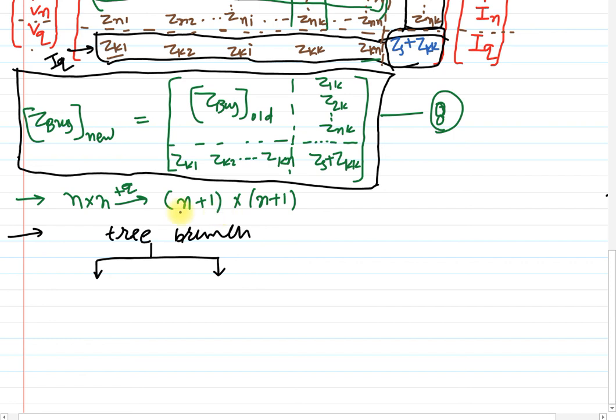So mathematically also we have seen that in both type 1 and type 2, we will get the updated matrix by 1, that means n plus 1 cross n plus 1. So we have cleared the tree branch type 1 and type 2 modification. Next session we will see type 3 and type 4 modification. Okay.